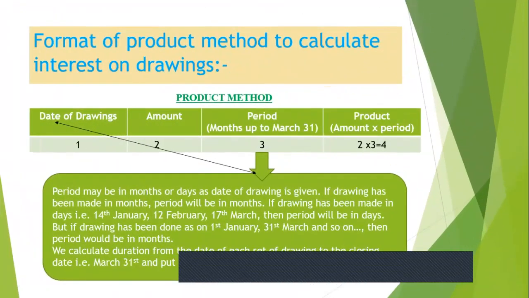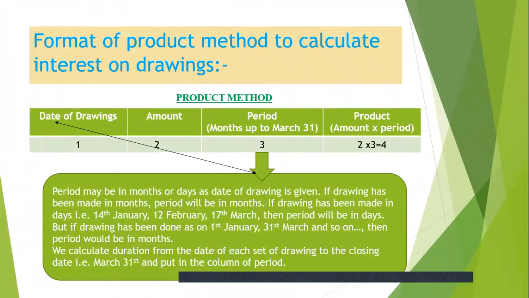See here, the format of the product method to calculate interest on drawings. I have prepared the format of the product method, and for your convenience I have put numbers 1, 2, 3 and 4.